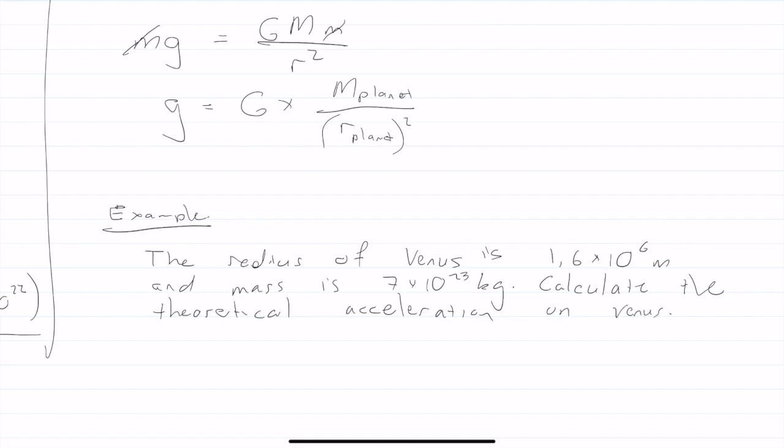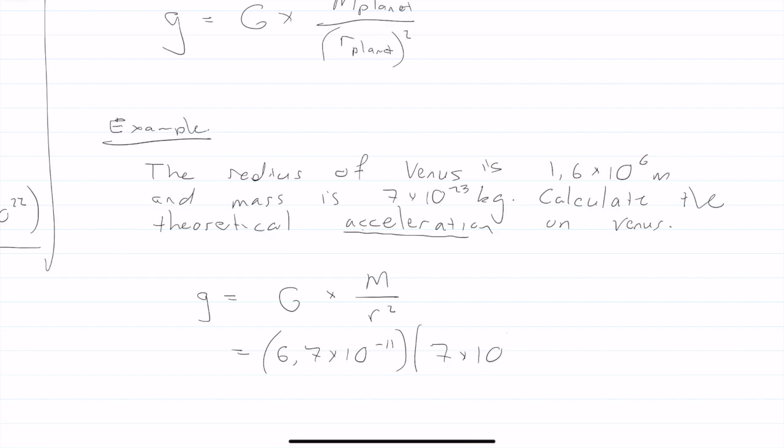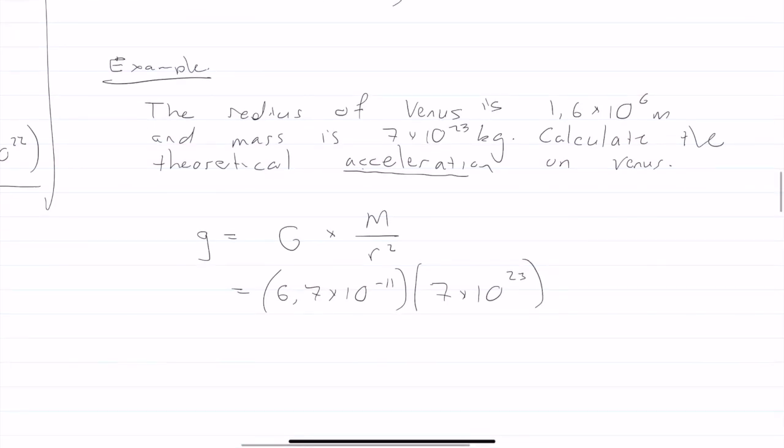Okay, so I'm just going to use the equation I had. So g, the theoretical acceleration, is equal to G, my gravitational constant, times the mass over the radius squared. So G we know is 6.7 times 10 to the minus 11 times the mass, which was given as 7 times 10 to the 23 kilograms, over r squared.